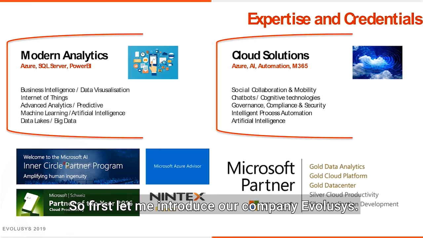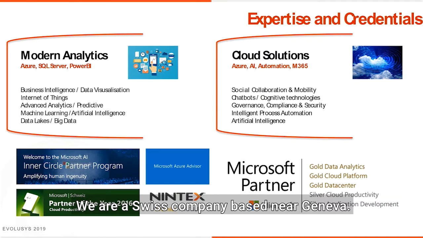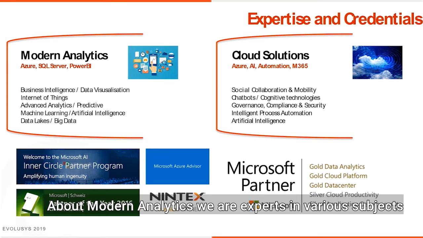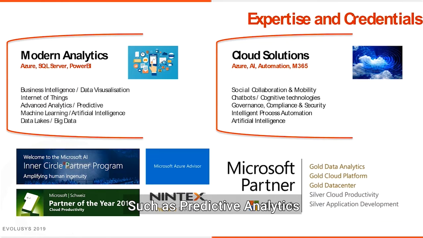So first let me introduce our company Evolusys. We are a Swiss company based near Geneva. Our areas of expertise are modern analytics and cloud solutions. About modern analytics, we are experts in various subjects such as predictive analytics, machine learning, or big data analysis.